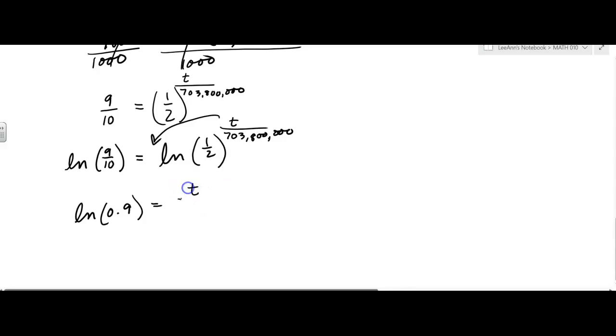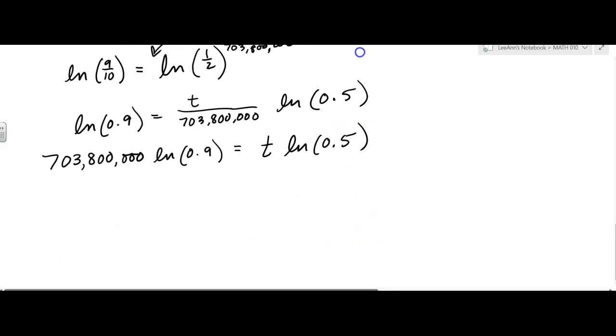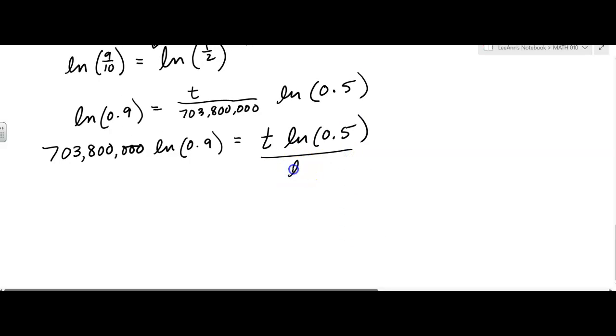So T over 703.80000 times the natural log of 0.5. Now remember, we want to solve for T. So go ahead and multiply by the giant number, and hopefully your calculator can handle that. It should be able to. And then now I have T natural log of 0.5. But remember, natural log of 0.5, that's just a number, so we're just going to divide by it.